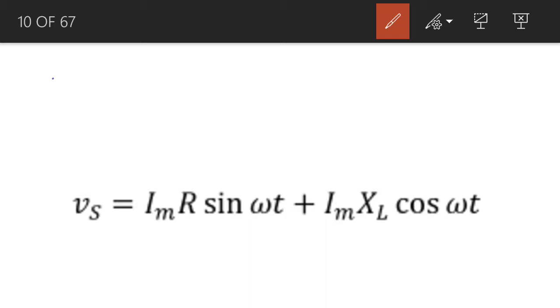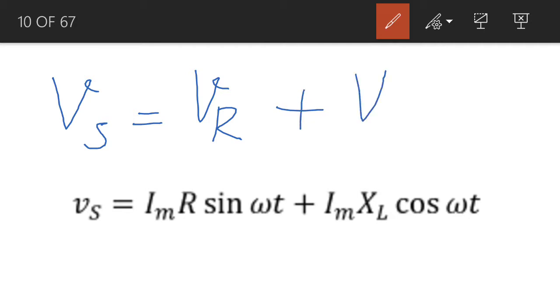We applied KVL to the given circuit, and according to KVL, VS will be equal to VR plus VL. The voltage across the source is equal to voltage across the resistor plus voltage across the inductor.